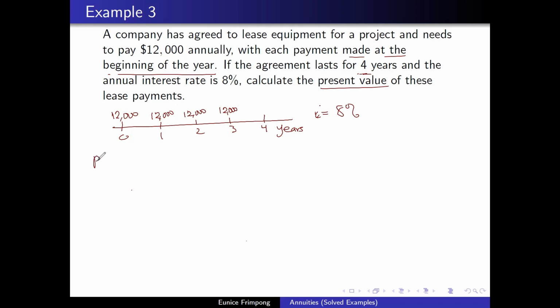So the present value under annuity due is, from our previous class, 1 plus i times the present value under annuity immediate. So I would say present value of due is equal to 1 plus i times the present value of immediate.